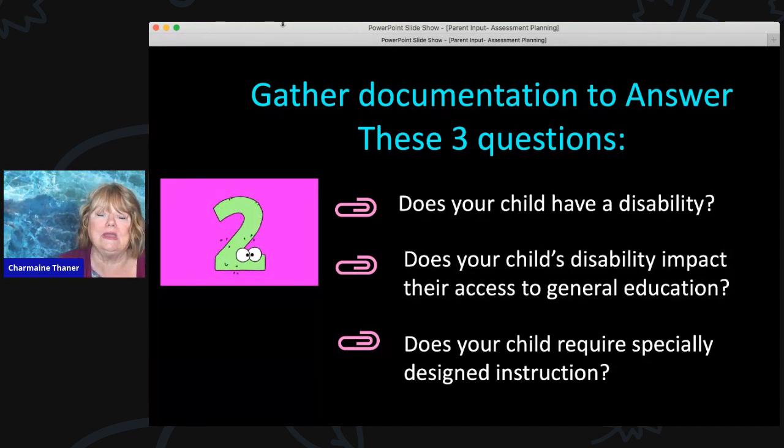And so, like I said, this is an excellent time while the staff are updating their assessments that you can be getting documentation so you will have a good case to show that, yes, your child has a disability, it does impact them, and yes, they need specially designed instruction.